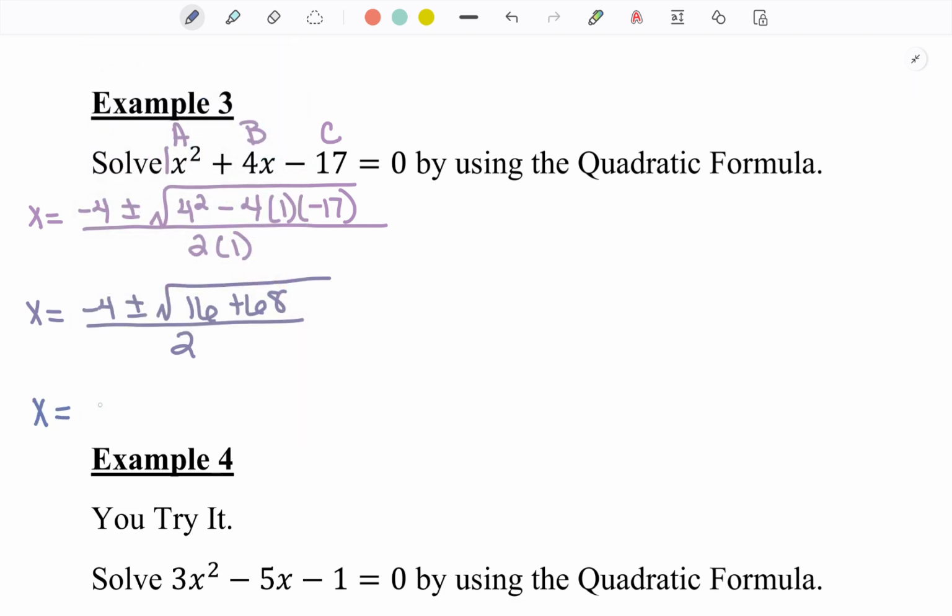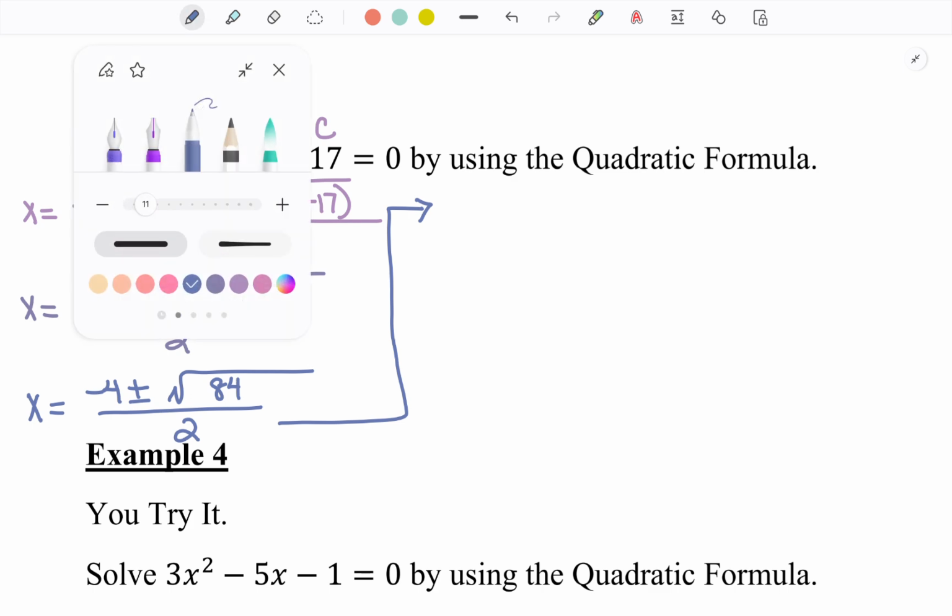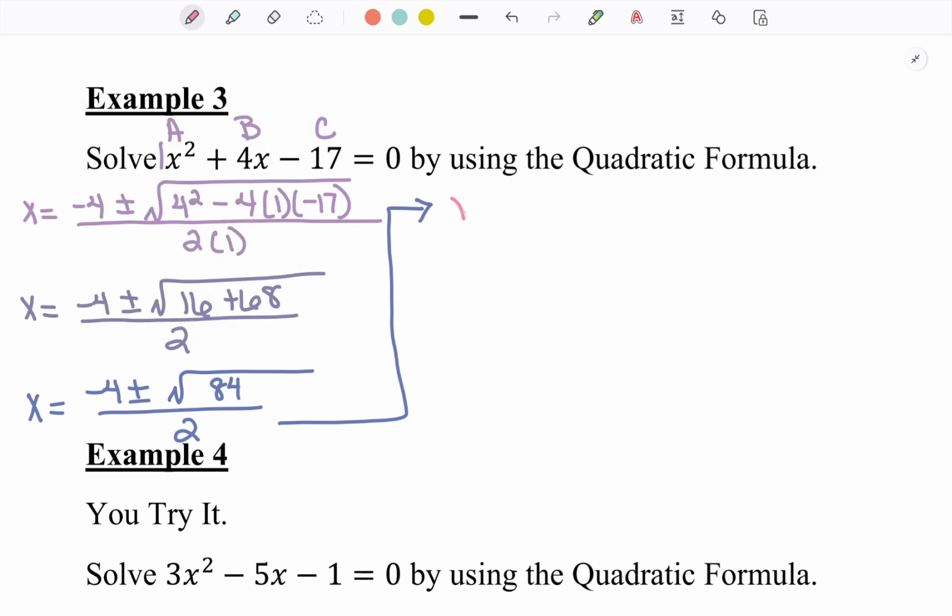And so then we have x equals negative 4 plus or minus, and then 68 plus 16 is going to give you the square root of 84 over 2.